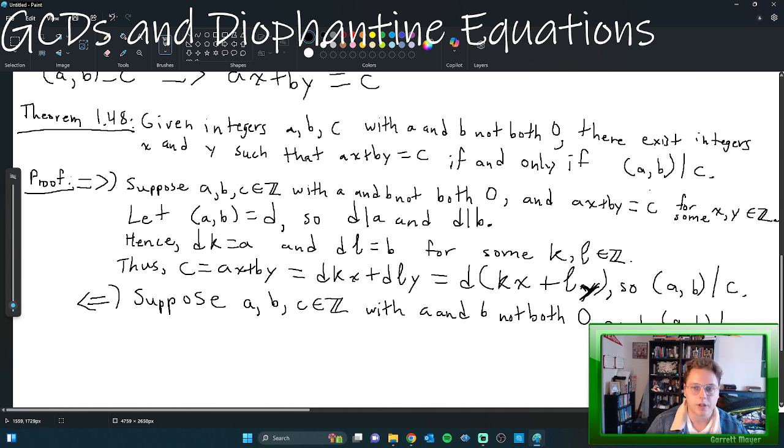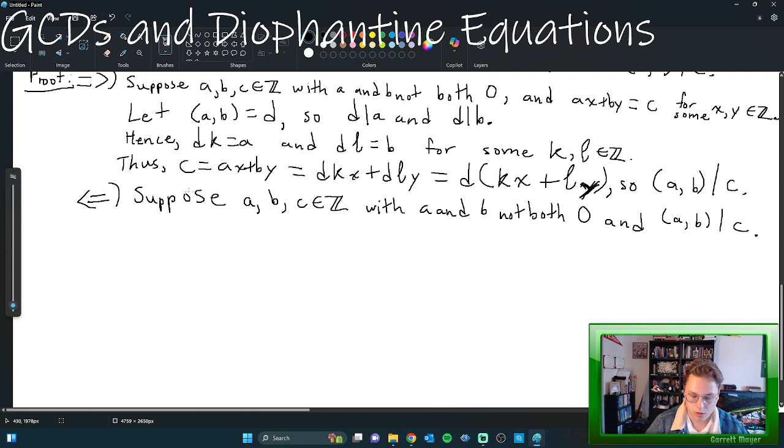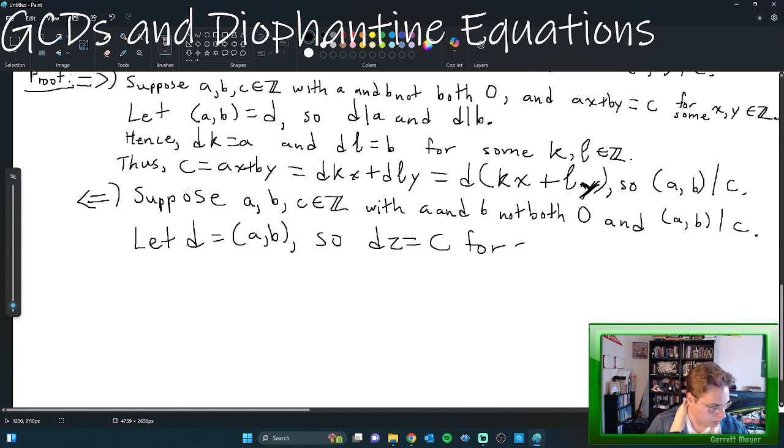Okay, so we're going to start here, and now we're going to try to find integers that exist such that ax plus by equals c. All right. So again, we're going to let d equal the GCD of a and b. So dz equals c for some z in the set of all integers.